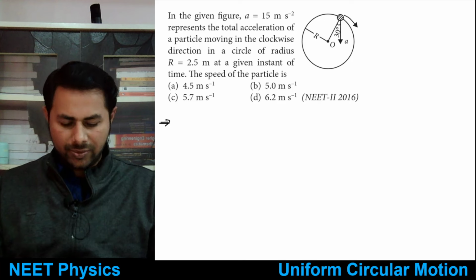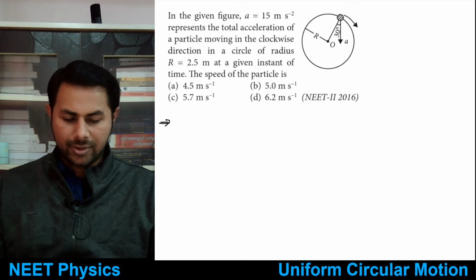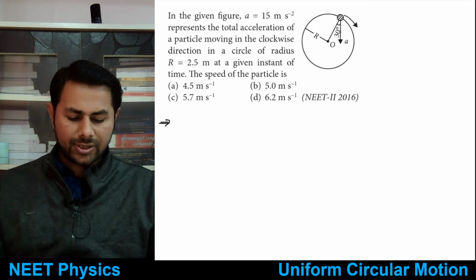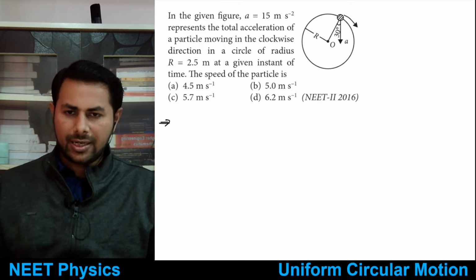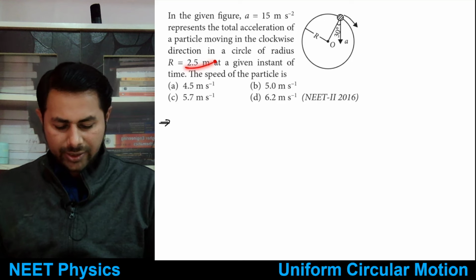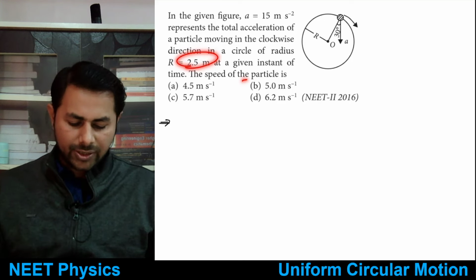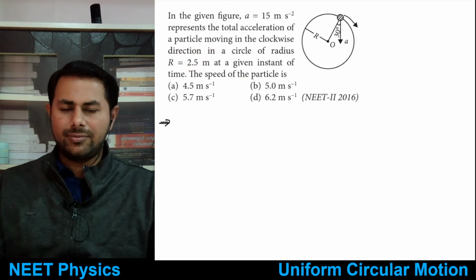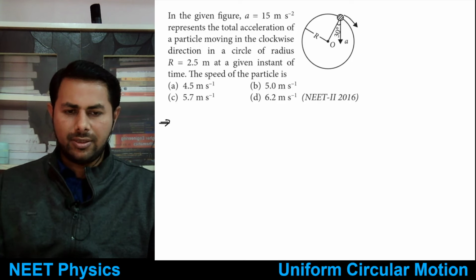Total acceleration is given. Total acceleration is the sum of the centripetal acceleration and tangential acceleration, and the radius is also given. The question is, what is the speed of this particle at this moment? Anyone?